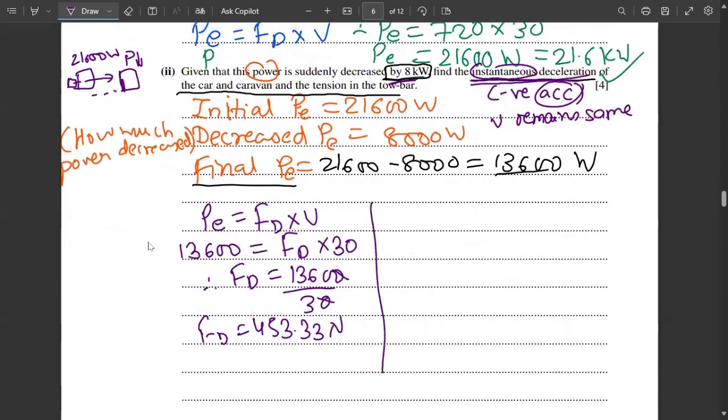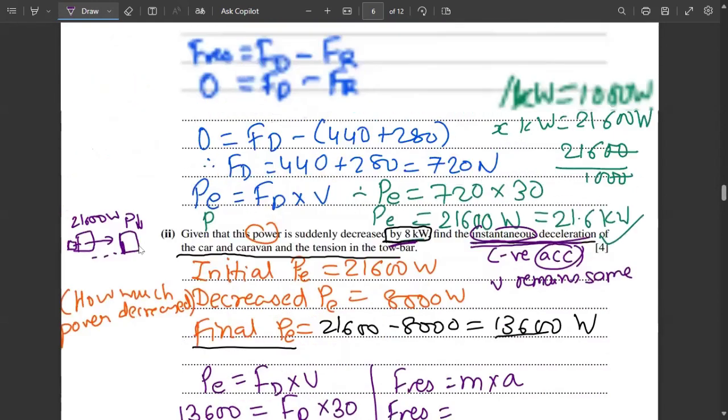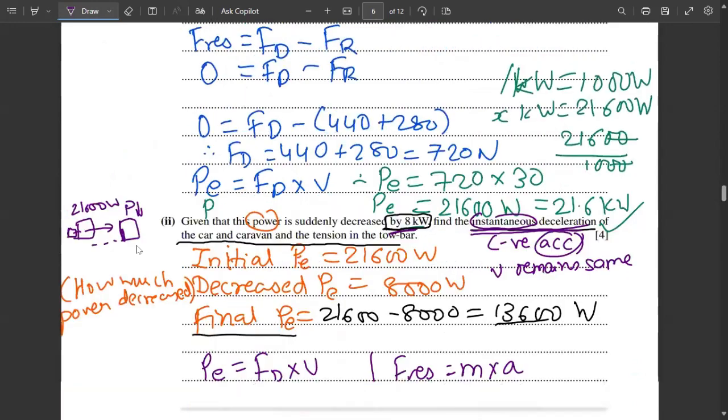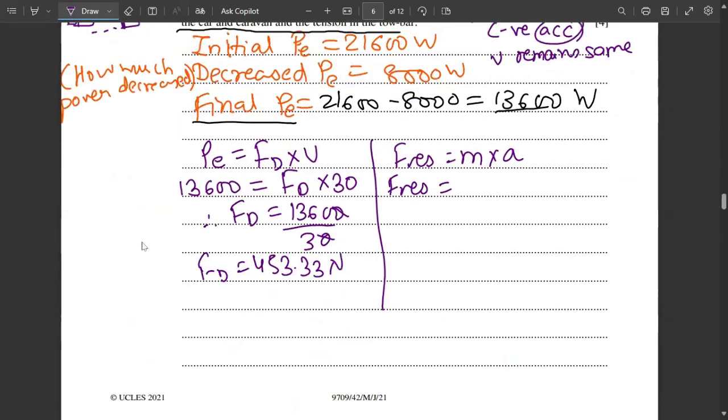Now, F resultant is equal to mass into acceleration. F resultant will be the mass of the car and the caravan combined, 1250 plus 800, into acceleration. Now, F resultant we also know is FD minus FR.